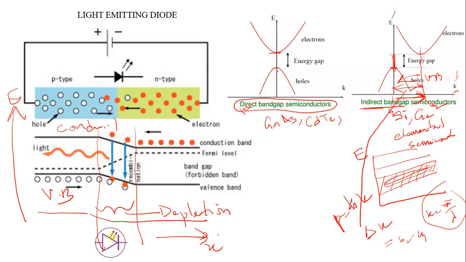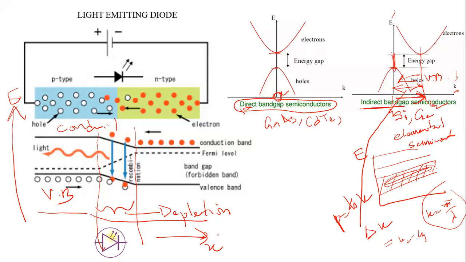A direct band gap is when the top of the valence band, this is the valence band curve, this is the conduction band curve, and the bottom of the conduction band lie at the same K value. So in an energy band structure like this, the top of the valence band and the bottom of the conduction band are located at the same K value.